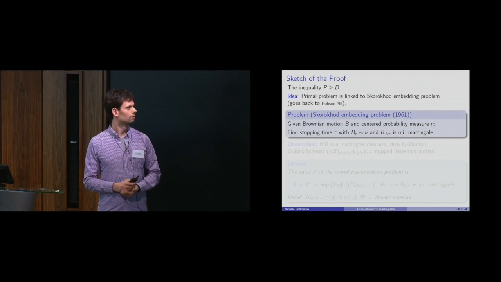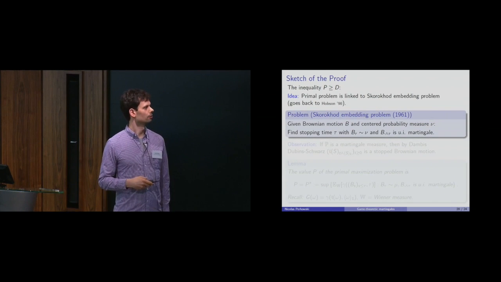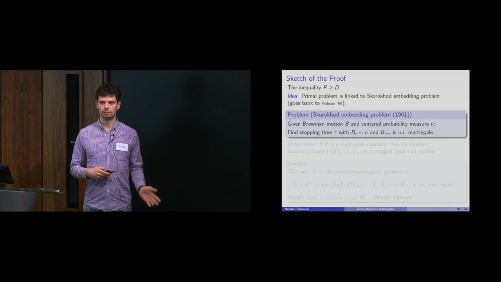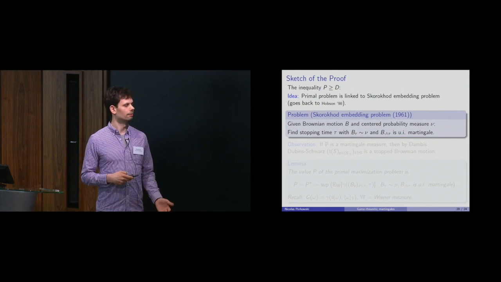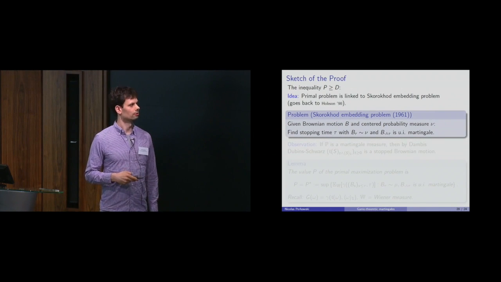So this goes back to Skorokhod. I think Skorokhod had the assumption that the random variable also has a finite second moment, but in fact this is not actually necessary. So you can then relax it.